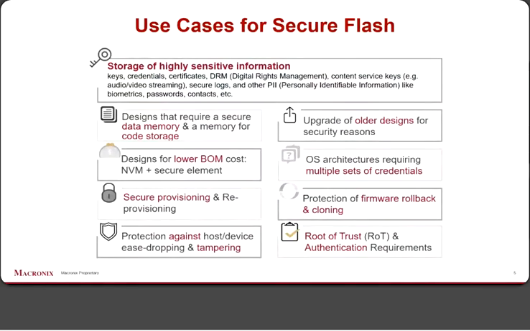And then I think finally, firmware rollback and cloning, if the security features are built into the memory device, it can really help to thwart any sort of firmware rollback to a version of the firmware that is more vulnerable, and then cloning these devices as well.